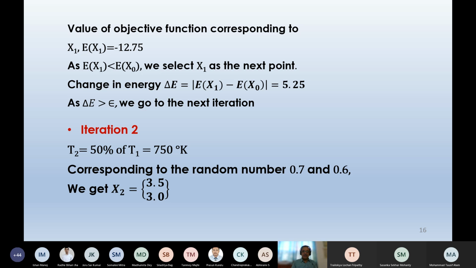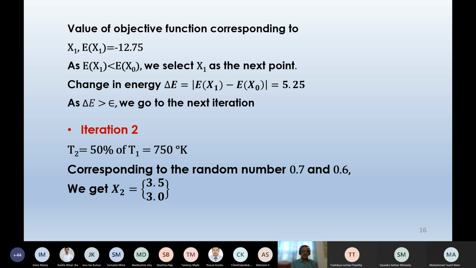So we will have to go to the next iteration. So we are going for the next iteration, because delta E is found to be much higher compared to the value of epsilon, which is the termination criteria. Okay, so still the metal is in the molten state. It has not reached the solid state.